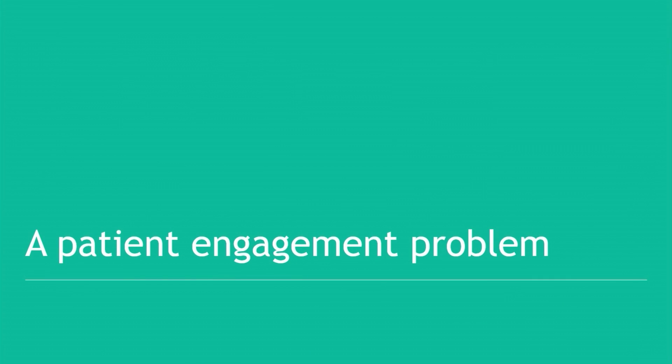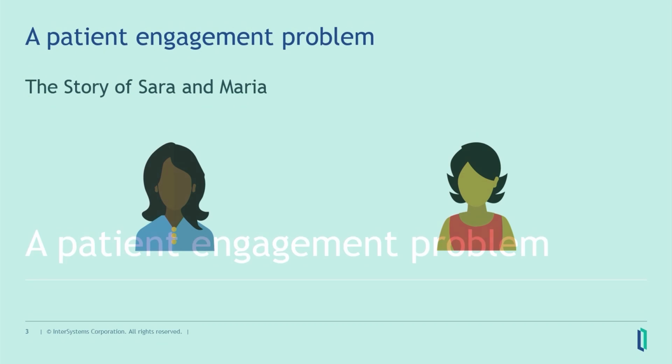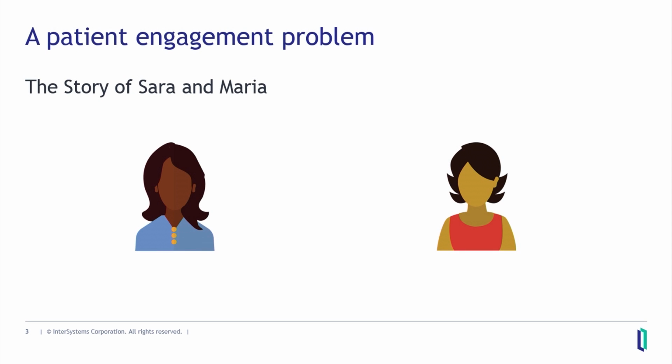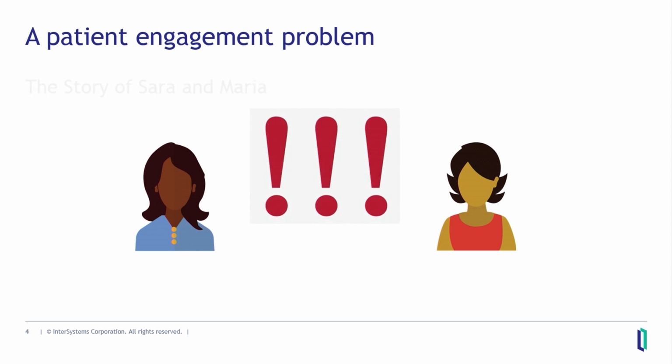So to illustrate the problem that we're trying to solve, I'm going to tell you a story. There's two people, Sarah and Maria, and they don't know each other, but on the same day, they both have the same crisis happen to them. They have severe pain in their side and nausea.